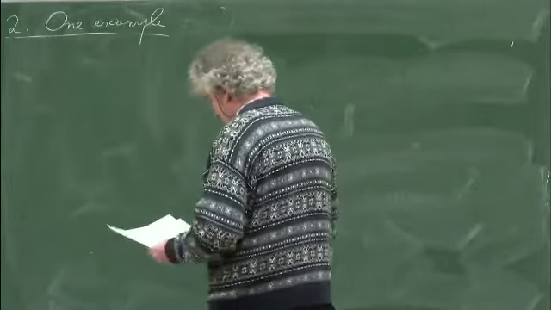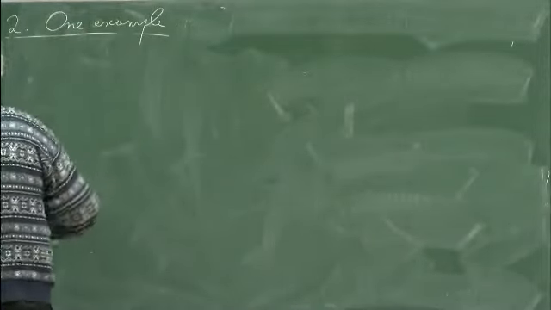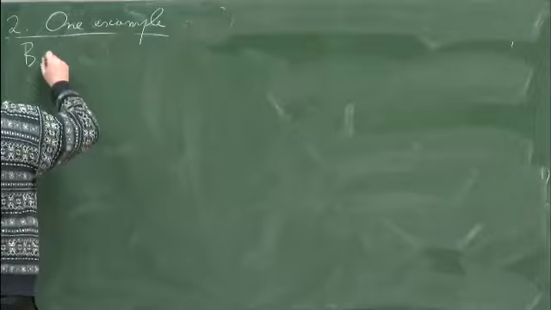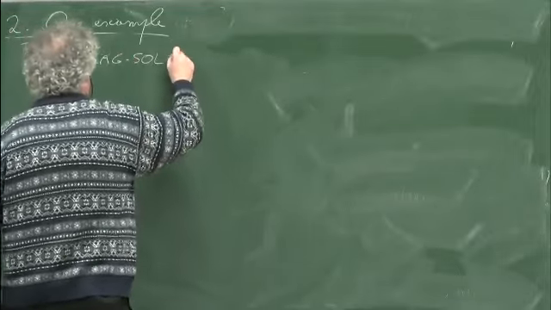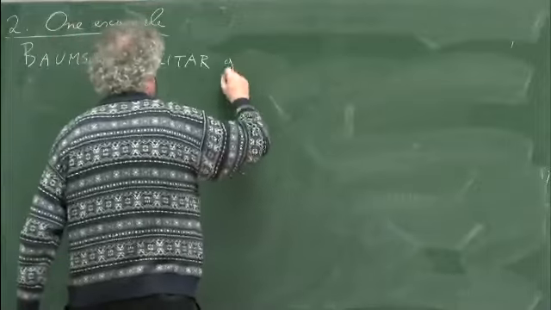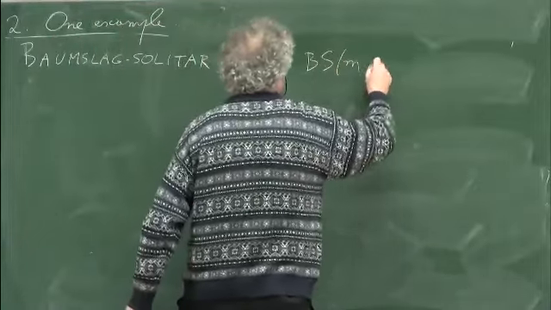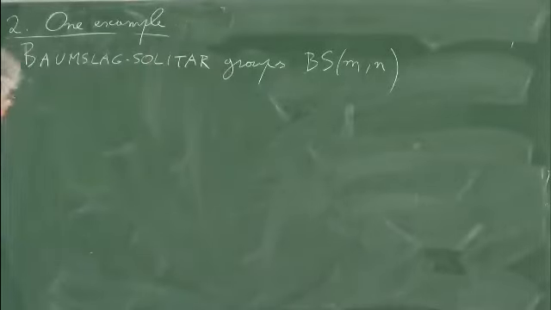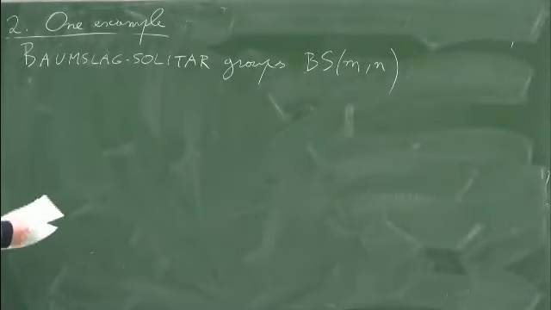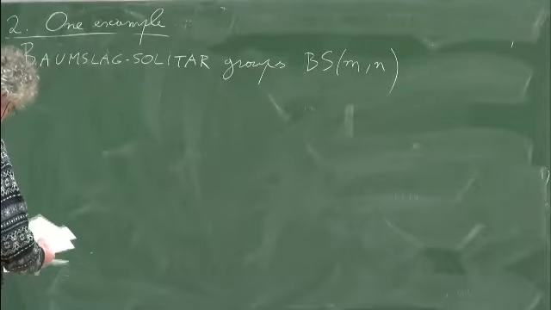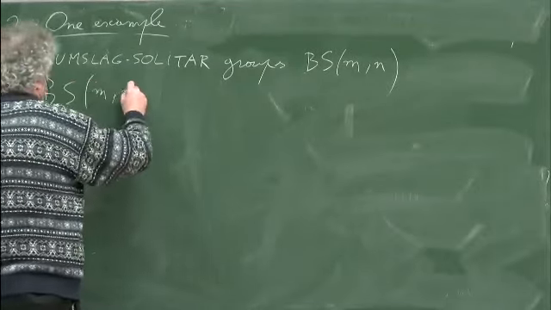Let me talk a little bit about the so-called Baumslag-Solitar groups, which are a classic in geometric group theory. They depend on two integer parameters, m and n, and they are given by a presentation.